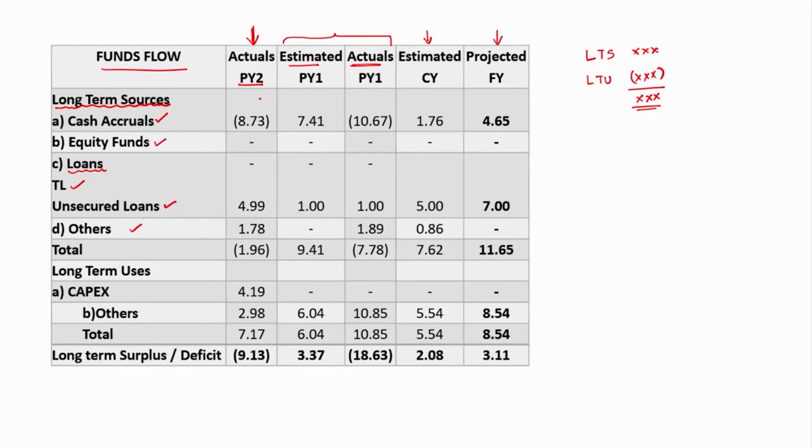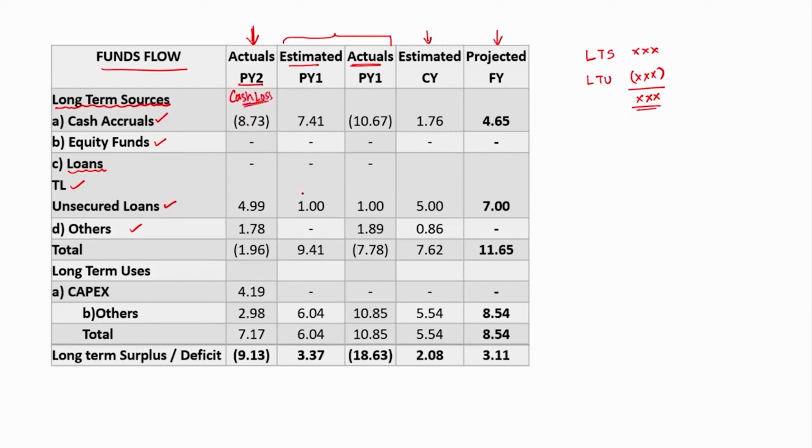In this case, if you notice, in previous year 2, they didn't have positive cash flows, they didn't have positive cash profit, they were actually suffering a cash loss. What you see here is a cash loss.